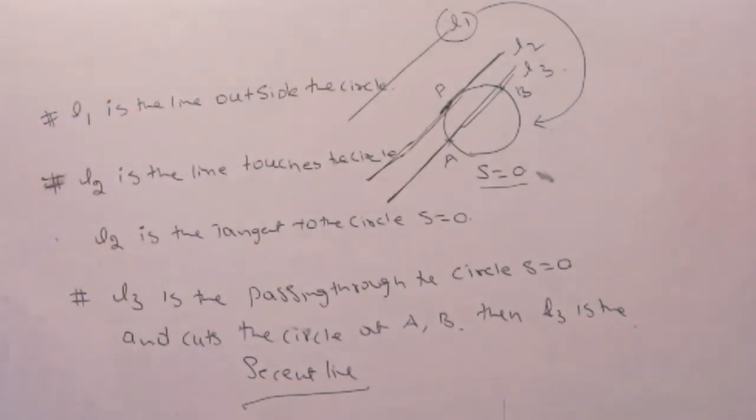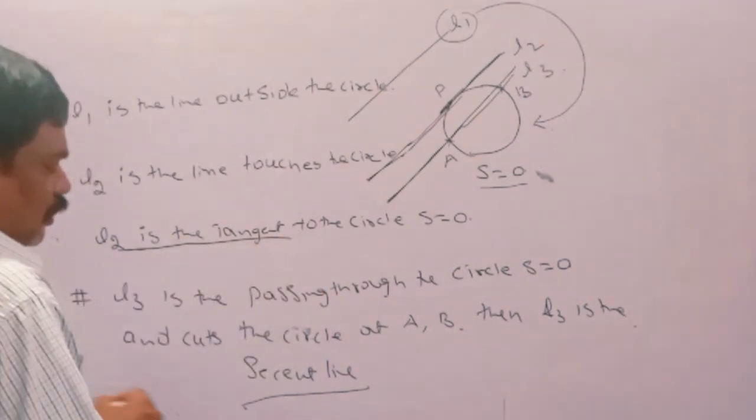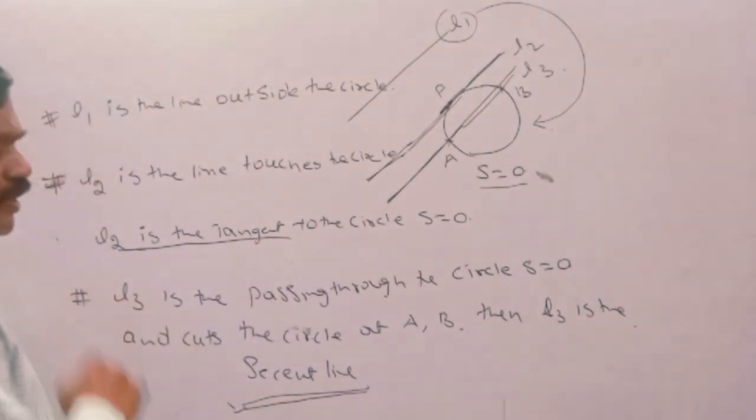L2 is the tangent line. L3 is the secant line.